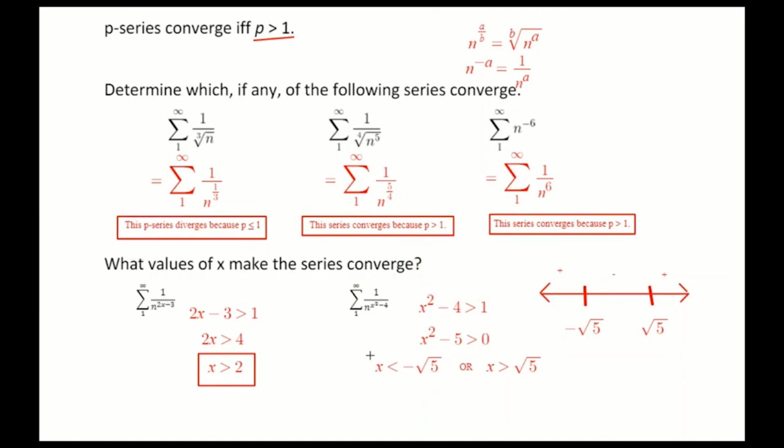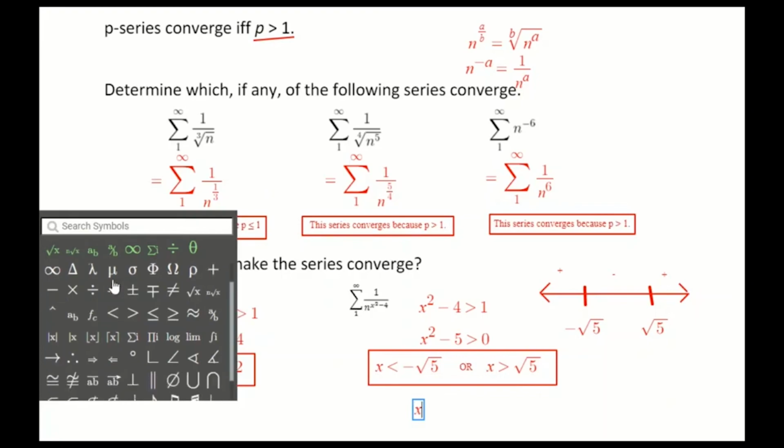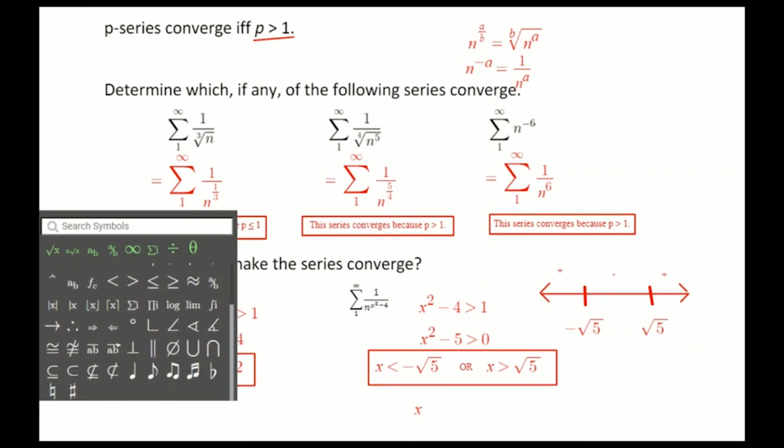So there you go. Now that's one way to write it. We've seen that there are other ways of writing this. We can write it as x is an element of, where's my element symbol? I don't even know if there is one on here. There we go.